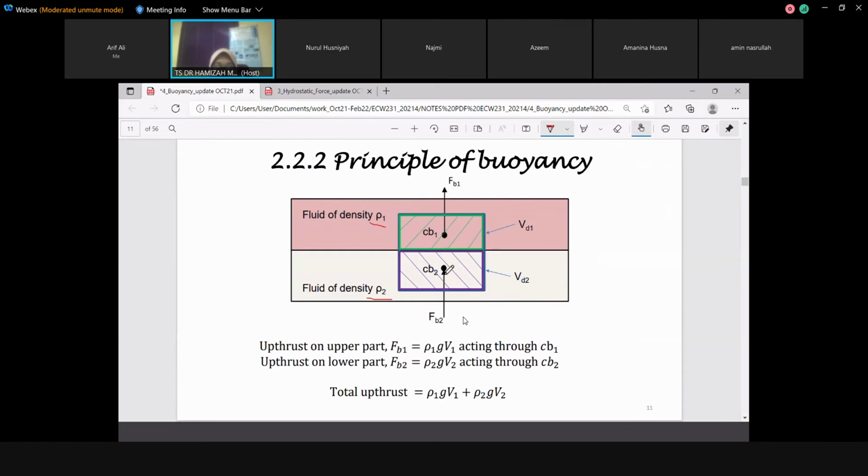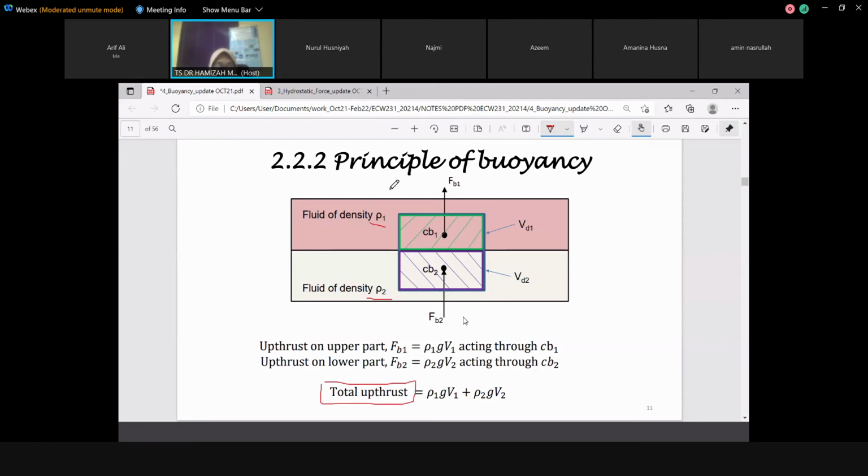So we have center of buoyancy for each fluid. Okay, so FB must act upward. So we have volume displacement for density 1 and for density 2. So we calculate density 1 times gravity times volume 1, and density 2 times gravity times volume 2, and we calculate the total upthrust.